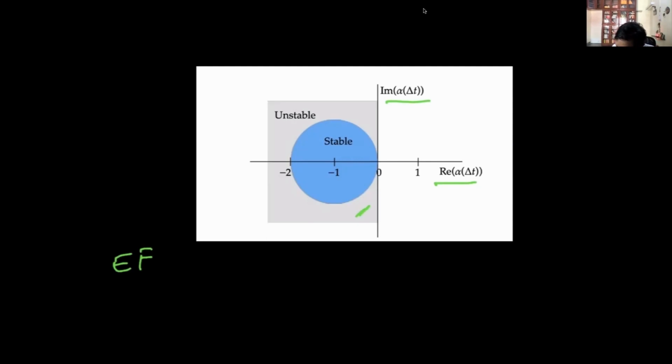So this region is stable. Okay, so you can verify that the condition magnitude of 1 plus alpha delta t less than 1 is a circle with center at minus 1. So within that is stable, and any delta t outside this region is unstable.